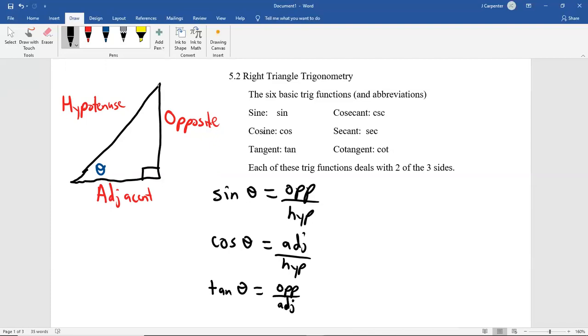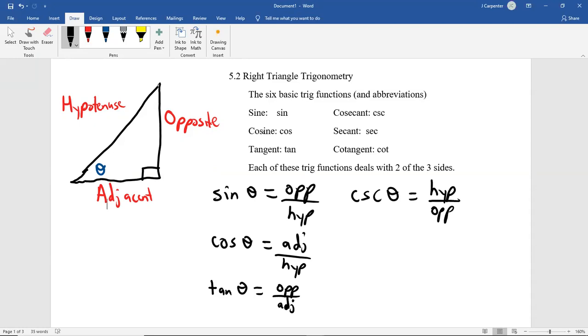So sine and cosecant, you can find one if you know the other just by flipping it. The same relationship holds between cosine and secant. The same relationship holds between tangent and cotangent. So if sine is the opposite over hypotenuse, that makes the cosecant of the angle the hypotenuse over the opposite.